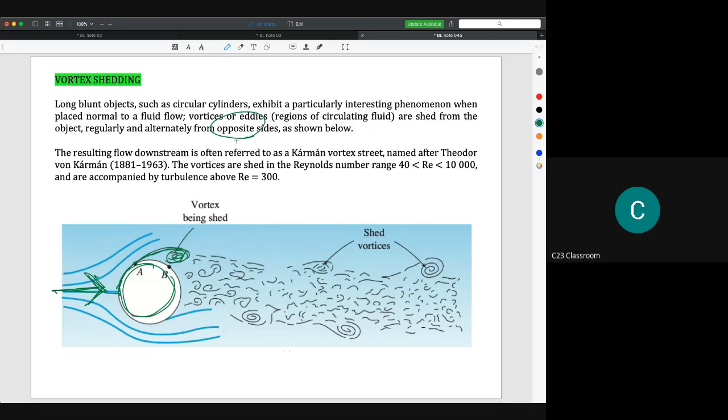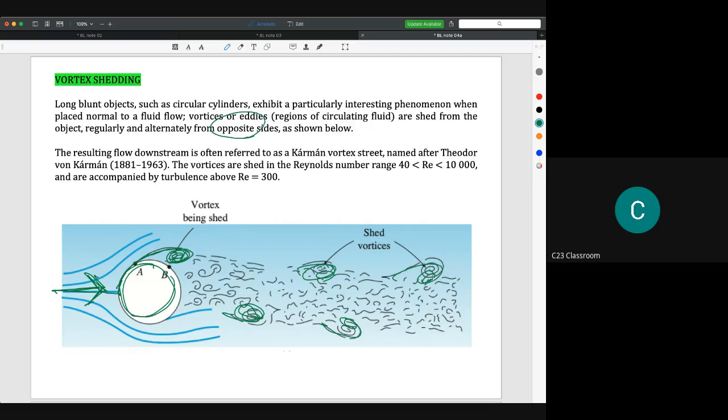So if you could see that it occurs here and then it occurs here. So again, it occurs here and so on and so forth. So it is because the pressure is actually fluctuating. So this is the general reason why the vortex becomes alternate like this, because the pressure keeps fluctuating.